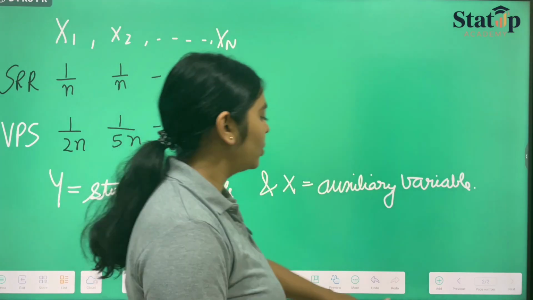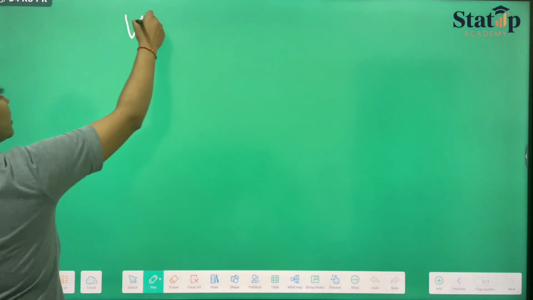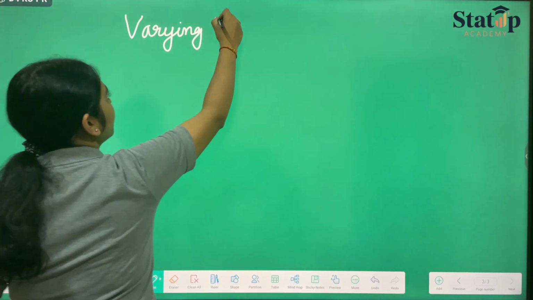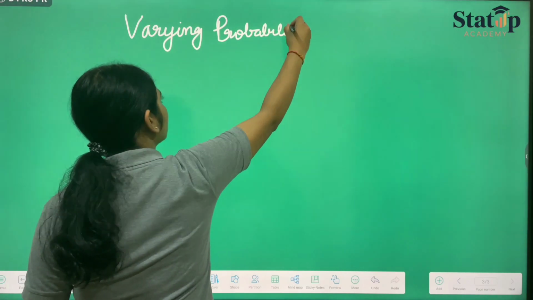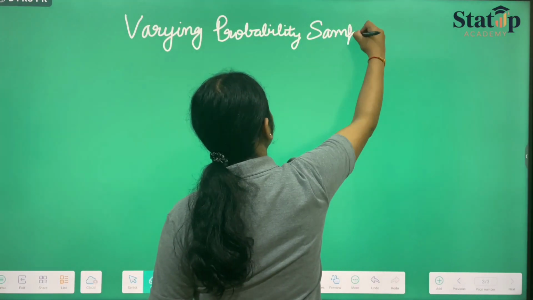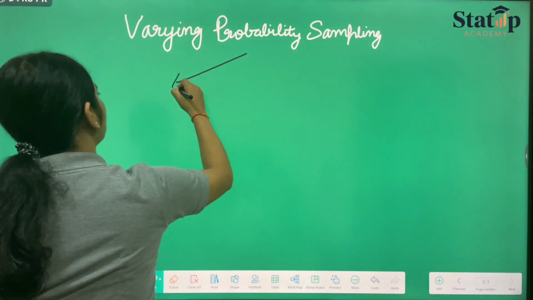So now there are two types of varying probability techniques. Varying probability sampling can be further divided into two techniques.